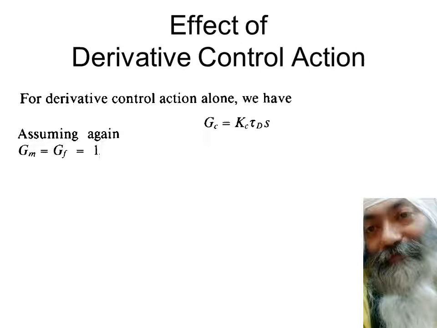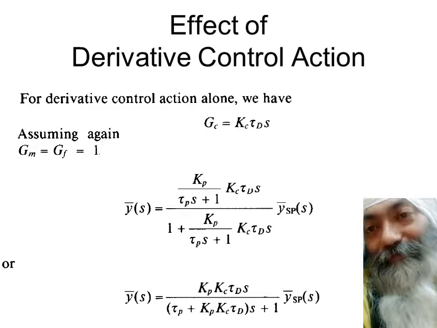Now again, for the sake of simplicity, as we have always been doing, we are assuming that the transfer function of the measuring element is 1, and the transfer function of the final control element is 1. So going in for that, we have the output of the system when we are taking a servo problem.